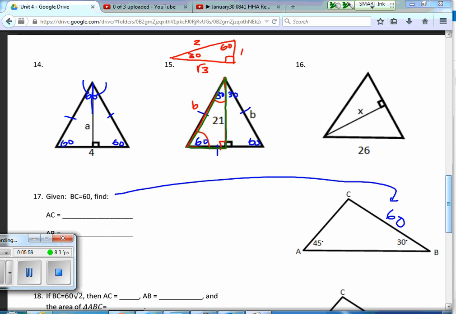I'm going to kind of turn it up like this and say, this side's 21, and the hypotenuse of it is B. We can start to set up a proportion between the two triangles, okay? I maybe didn't need to draw that triangle for you. Some of you probably saw which sides go together without that. But this 21 on the long straight side goes with the square root of 3.